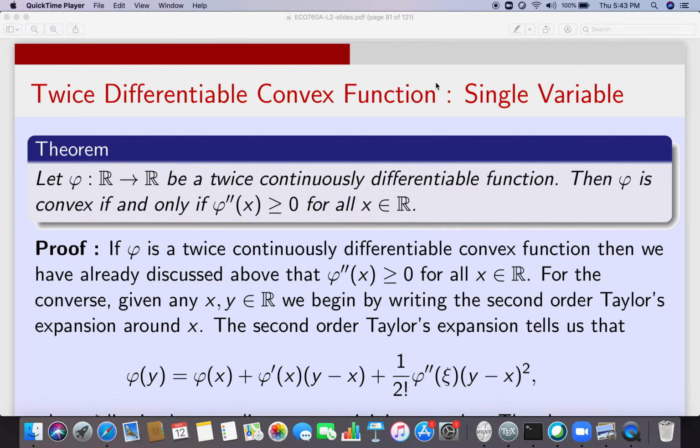So if phi is a twice continuously differentiable convex function, then we have already discussed above that phi double dash x is greater than or equal to 0.